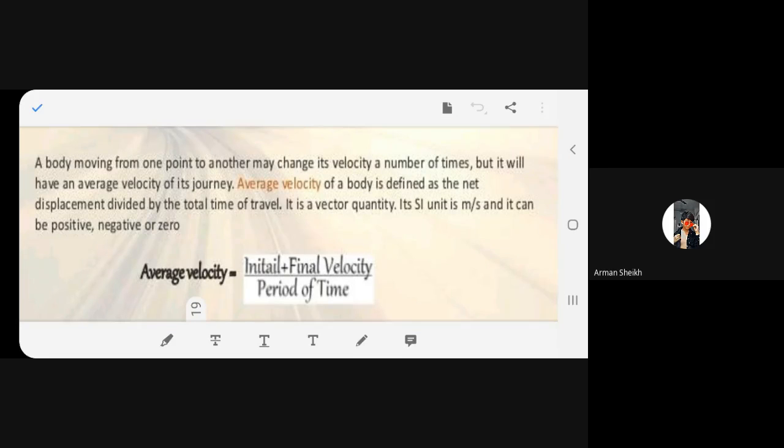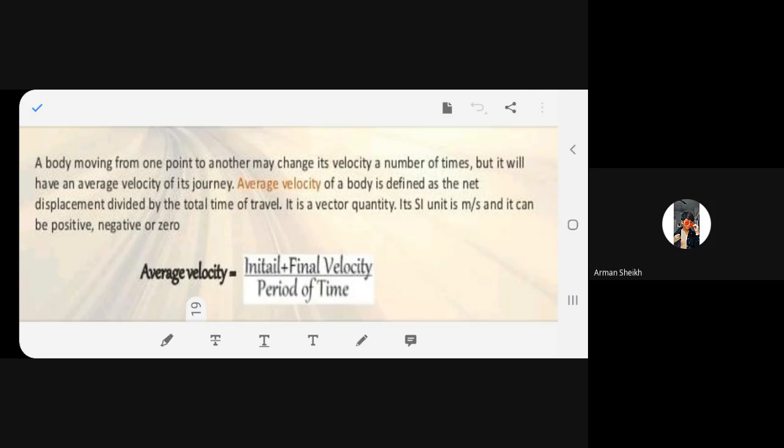Average velocity. A body moving from one point to another may change its velocity a number of times, but it will have an average velocity for its journey. Average velocity of a body is defined as the net displacement divided by the total time of travel. It is a vector quantity.